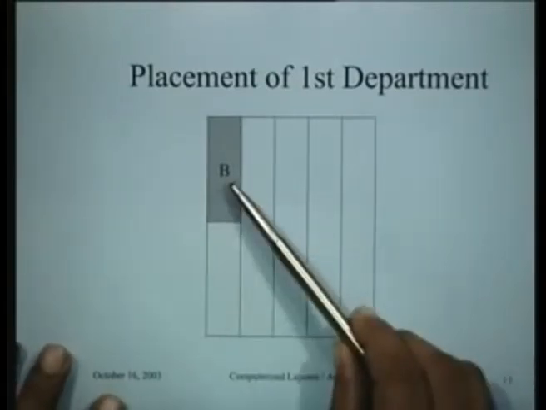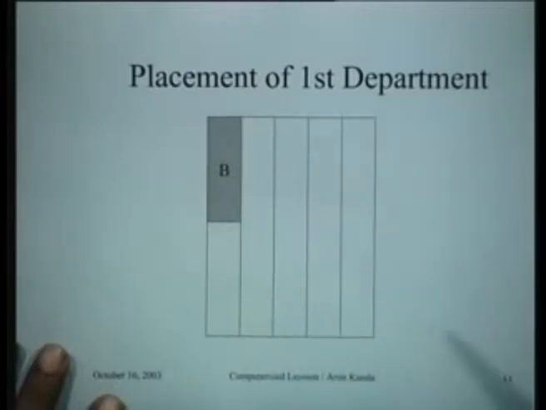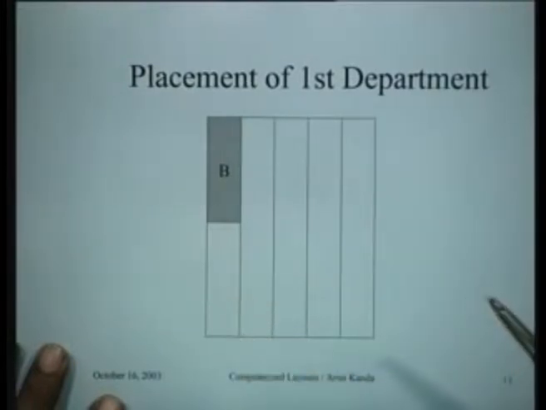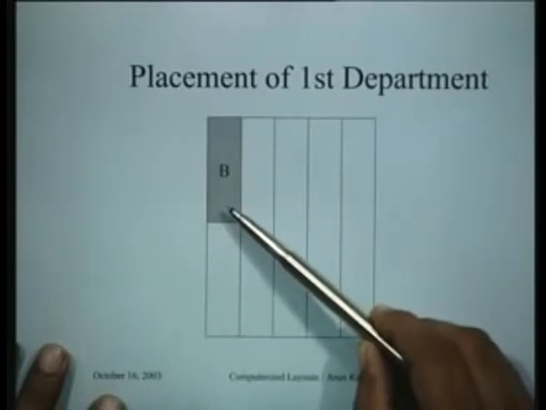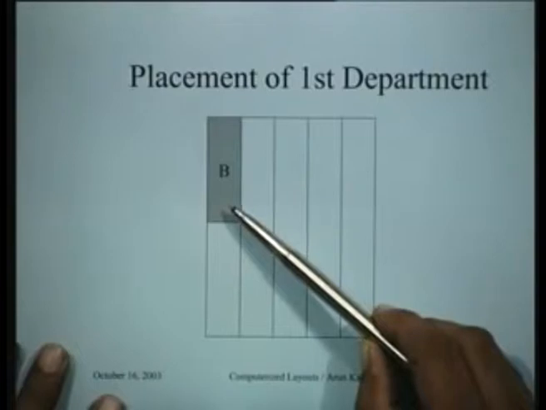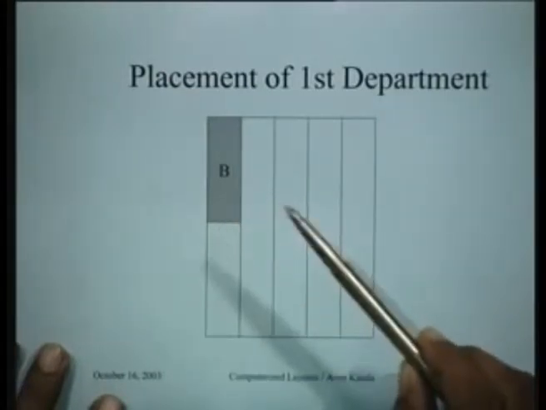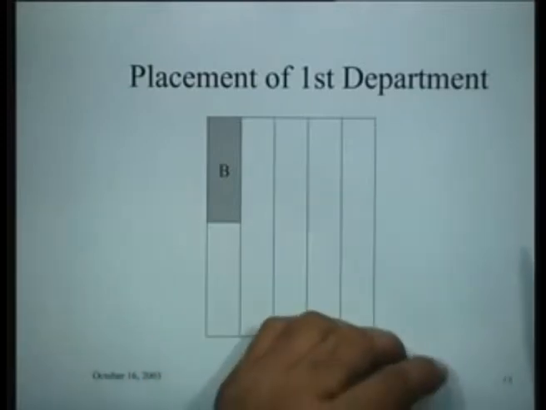After having placed the first department using this vertical scanning pattern, we are now looking at placing departments next to it. So we look in the REL chart for a department which has an A rating or an E rating with department B, and suppose we find such a department.